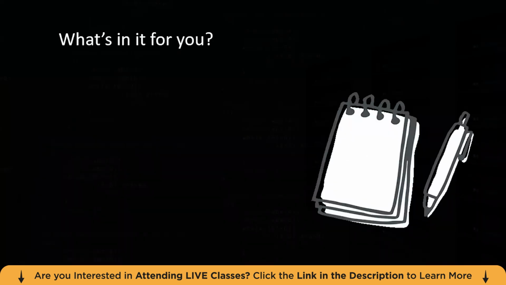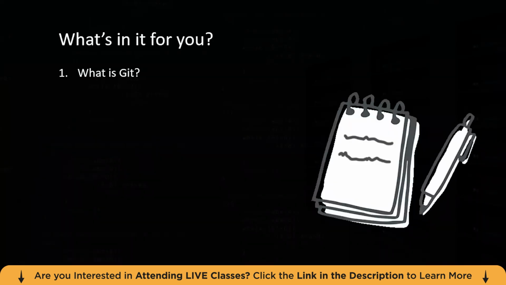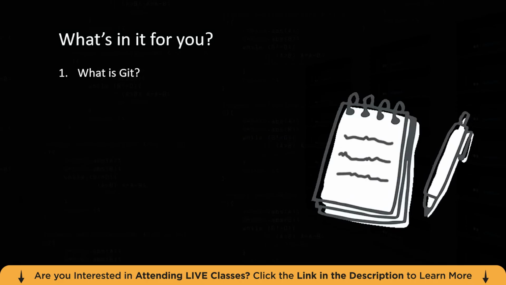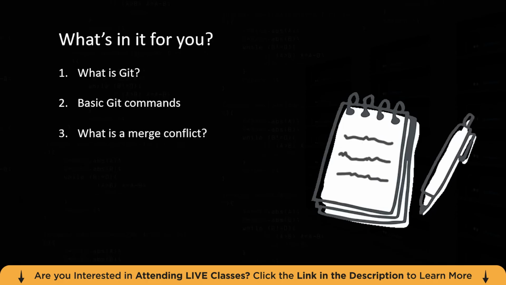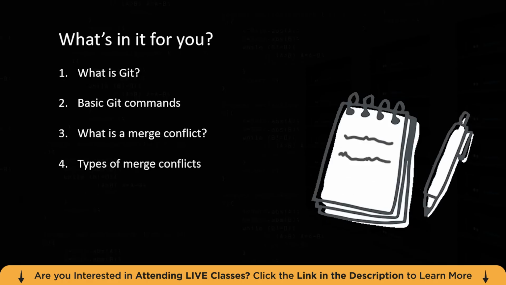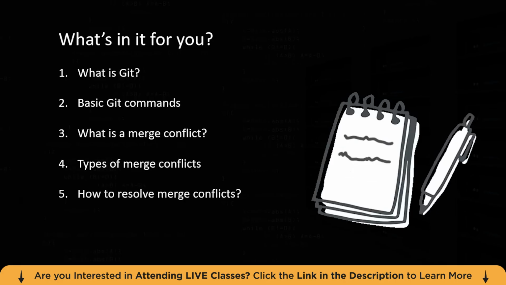Now what exactly are we going to talk about here? We are going to talk about what exactly the Git version control system is. We are also going to talk about the basic Git commands. And then we are going to talk about what exactly a merge conflict is, and the different types of merge conflicts which we encounter while doing any kind of merging or modifications, and then how to resolve these merge conflicts faced by an individual developer.